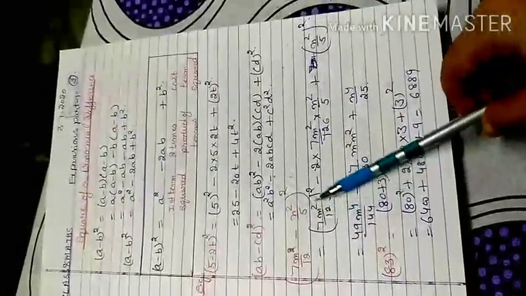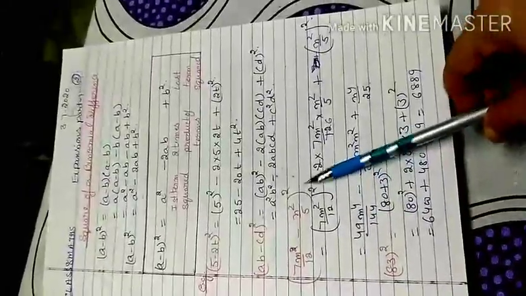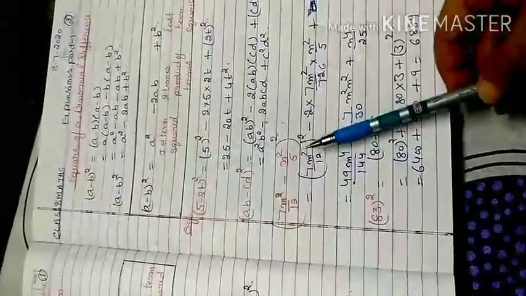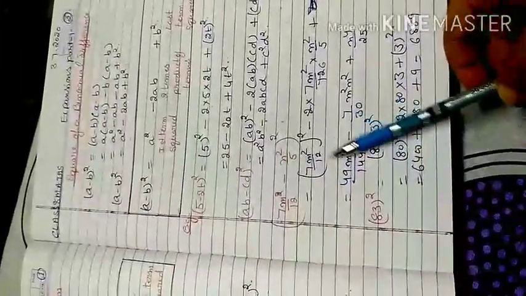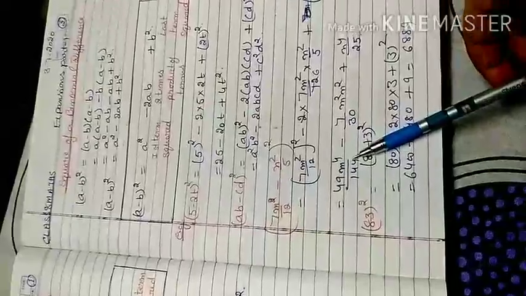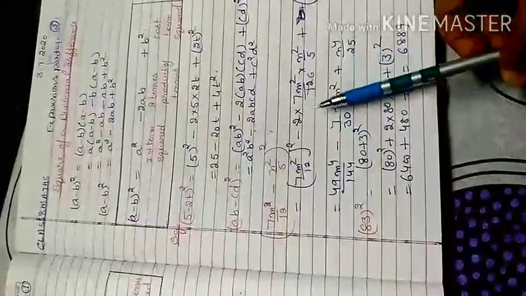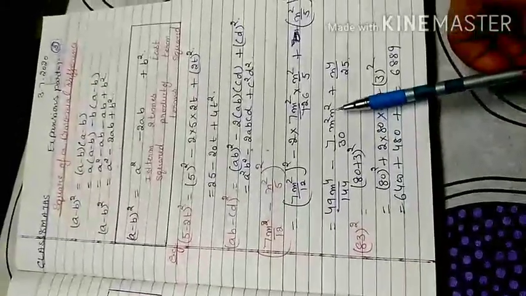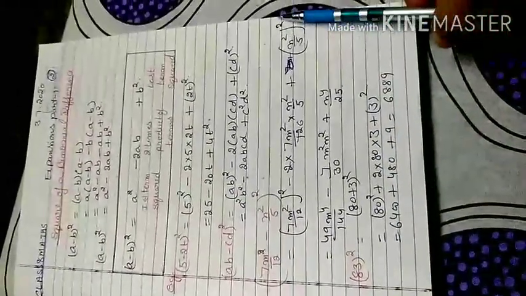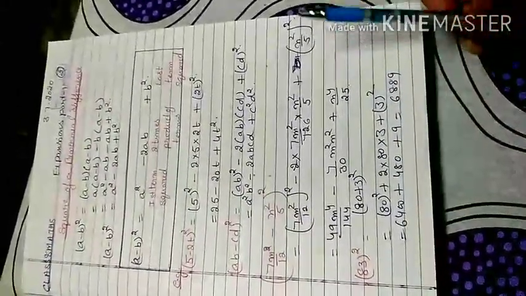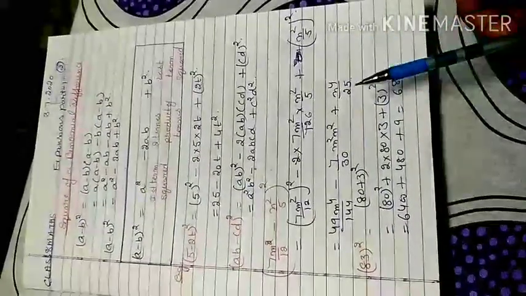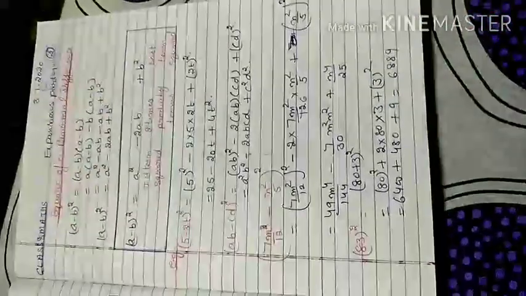Now here (7m square by 12) whole square, the power goes separately with each term. 7 square gives me 49, m square with 2 multiplied by 2 gives me 4, and 12 square in the denominator gives me 144. Here 2 sixes are 12, 7 by 6 fives are 30, 7 by 30, m square n square, and (n square) whole power 2 is there, 5 square in the denominator. So when the power is opened, n square becomes n to the 4 and 5 square becomes 25.